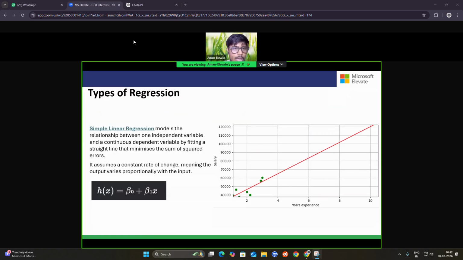Now, there are types of regression. The first is simple linear regression. So generally, when you say simple linear regression, guys, can you tell me what is the name of this particular equation?